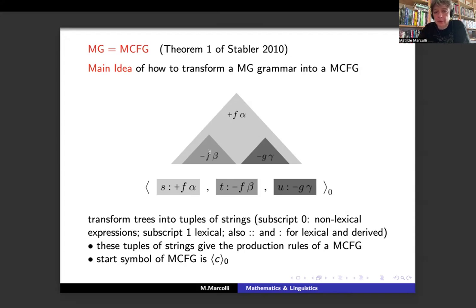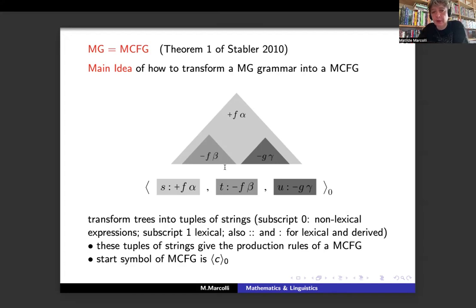You have to account for identifying substructures inside the larger structure with this kind of label feature matching condition, and use those to prescribe certain production rules, in the multiple context-free sense, that will correspond to the merge and move operations.